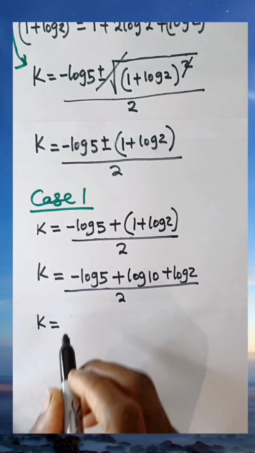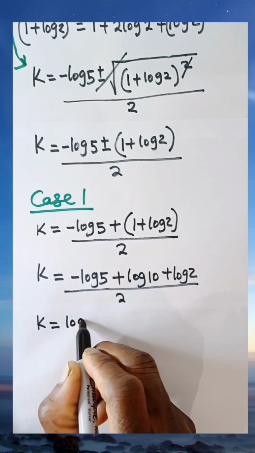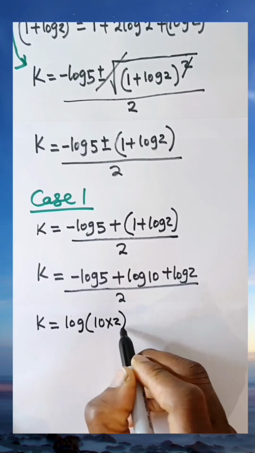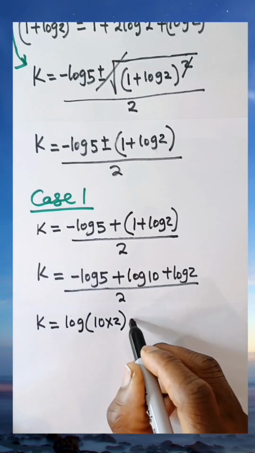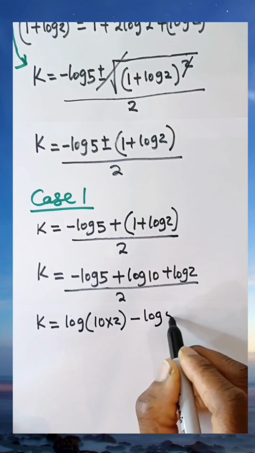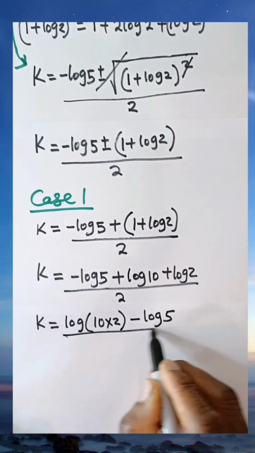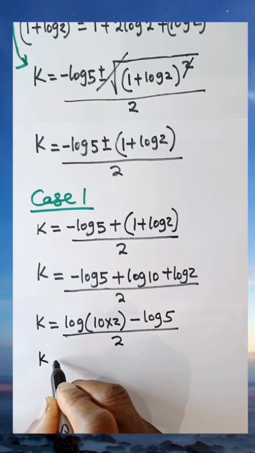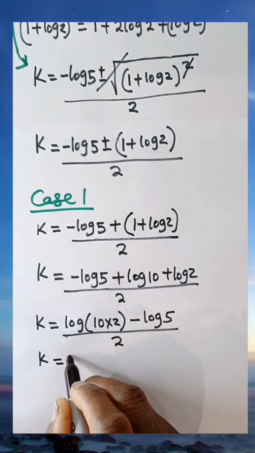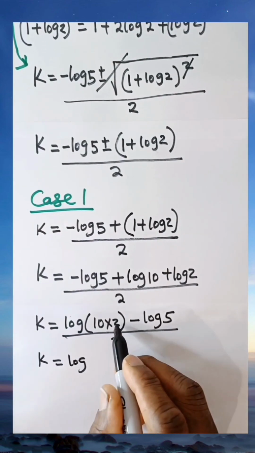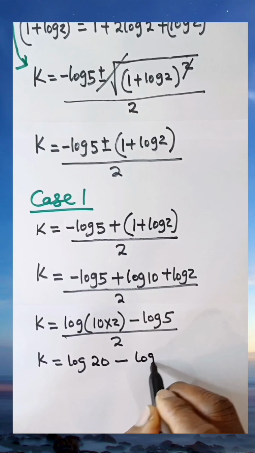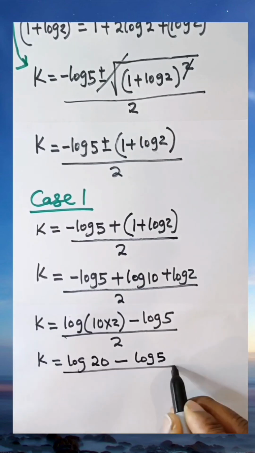This will give us log 10 times 2, then minus log 5, divided by 2. So K is equal to log 10 times 2 will give us 20, minus log 5, divided by 2.